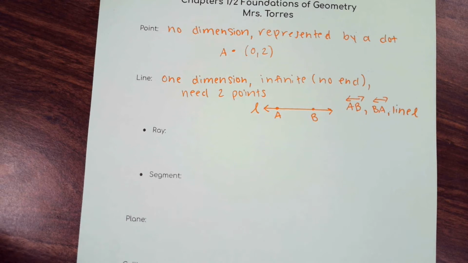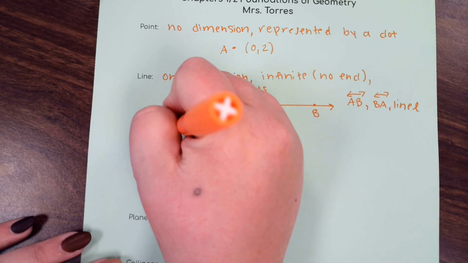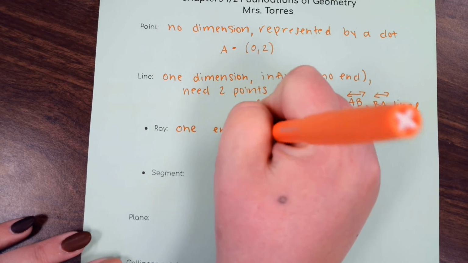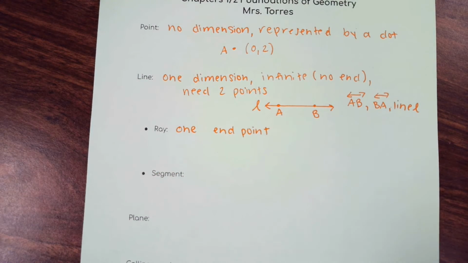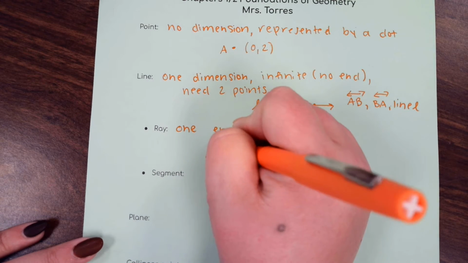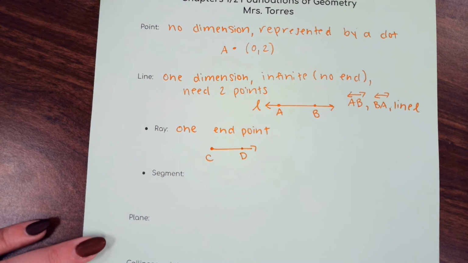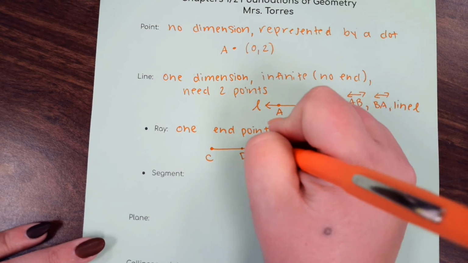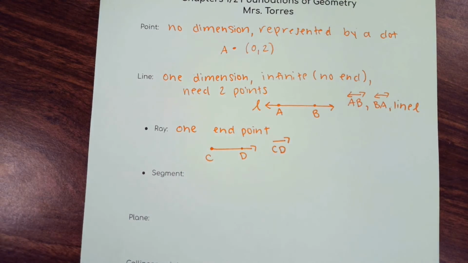The next definition is ray. A ray has one endpoint, and then it goes on forever in one direction. So a ray would look something like this. And we would call that ray, there's our ray symbol, CD.